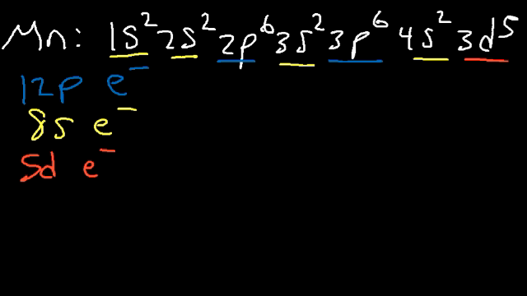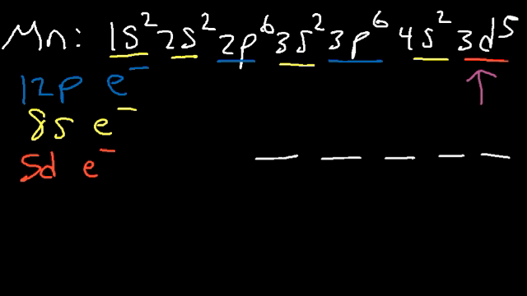Now, manganese, is it paramagnetic or diamagnetic? And how many unpaired electrons does it have? All you need to do is look at the last sublevel, because everything else below that is going to be filled. Now the 3d sublevel can hold up to 5 orbitals, which means that it can have a maximum of 10 electrons.